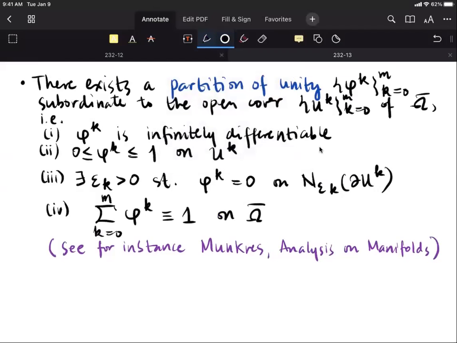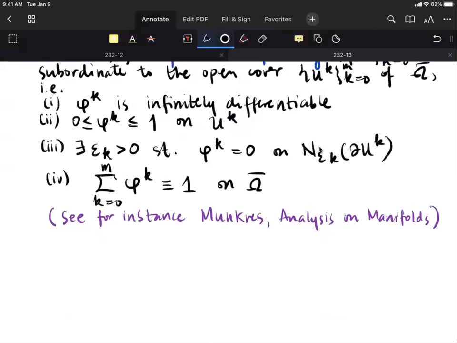So accepting this, we can now define measurability and integrability for a function f defined on the boundary.